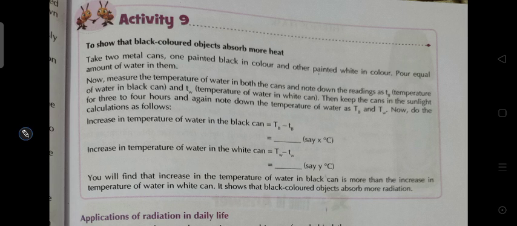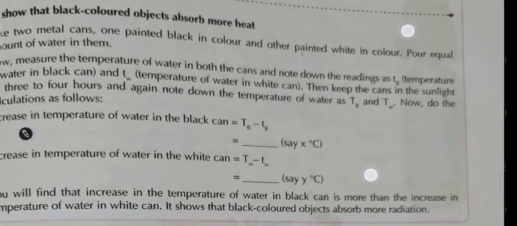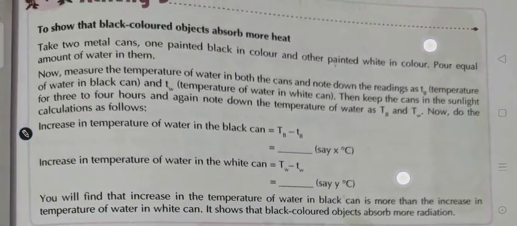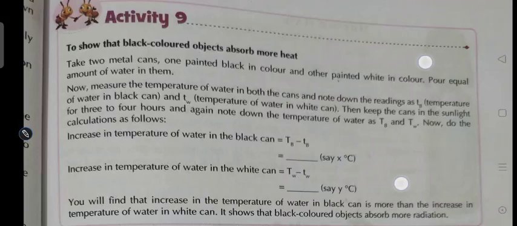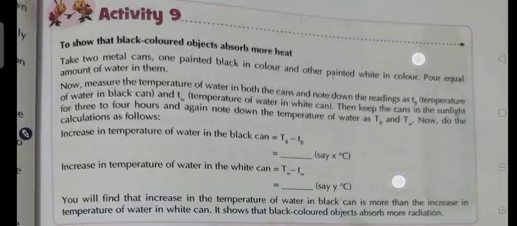Pour an equal amount of water in them. Now measure the temperature of water in both the cans and note down the readings as temperature of water in the black can.